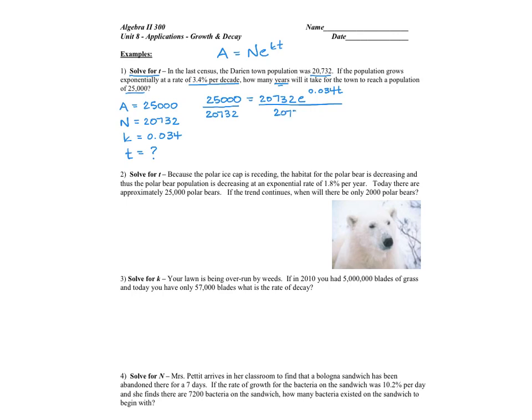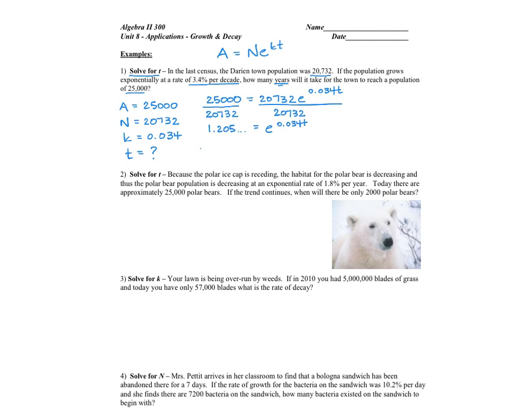I divide both sides and end up with 1.205, and it continues on the calculator. I'm going to put this little ellipsis here to say I'm going to keep that number on my calculator and go back and use the entire number so that I don't get too much round off error. Then on the right hand side, I will have e to the 0.034t.